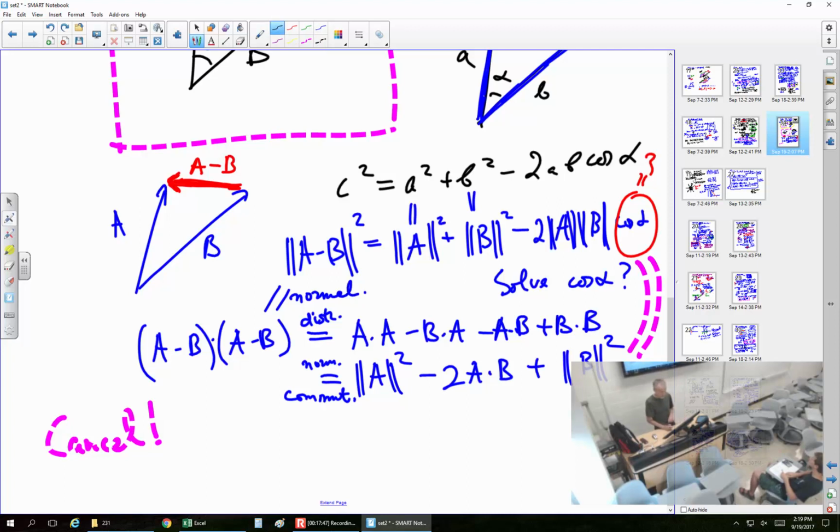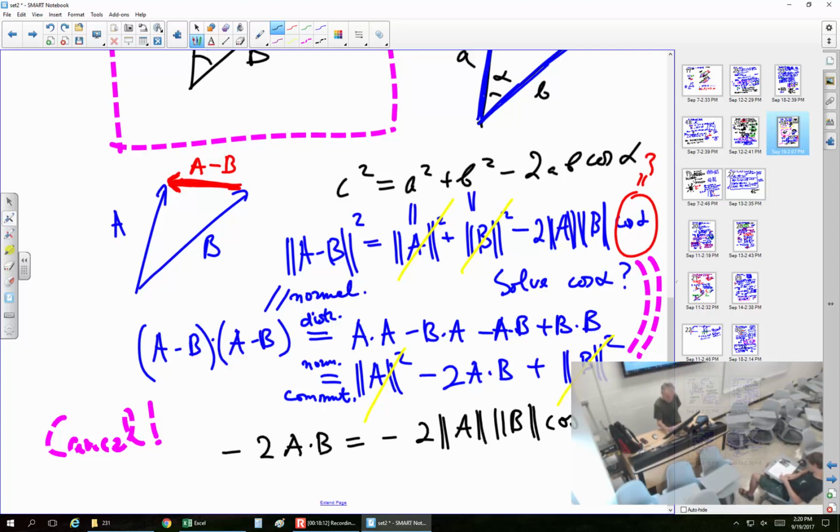What do I have? These will disappear: a squared here, a squared there, b squared there. So I'm left with negative 2a dot b is equal to negative 2 magnitude a magnitude b cosine alpha.